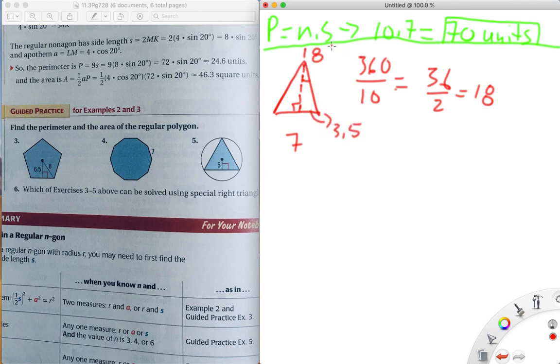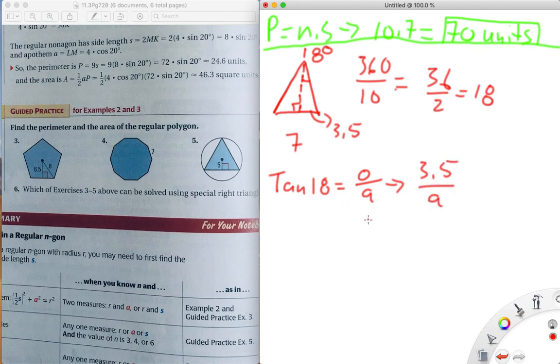And I have an angle of 18 degrees, and I'm looking for the apothem. So I have 3.5, which is opposite of 18, and I have the apothem, which is adjacent to 18. So that means that I'm dealing with tangent. So tangent of 18 is equal to opposite over adjacent, which in this case is 3.5 over the apothem.